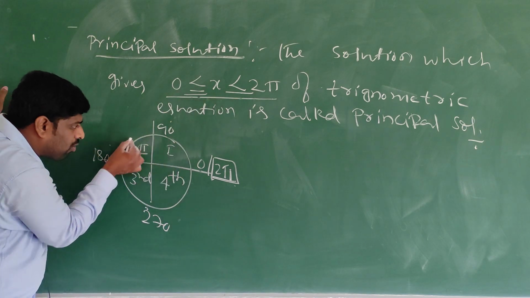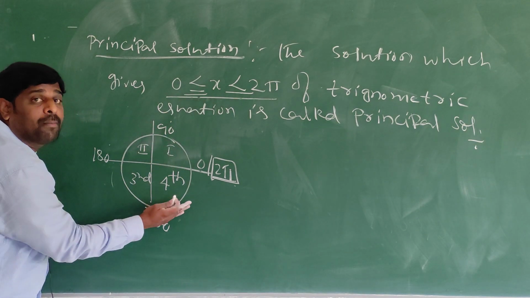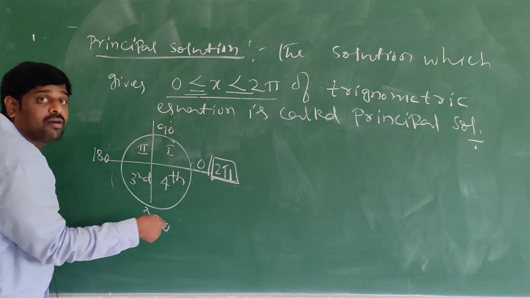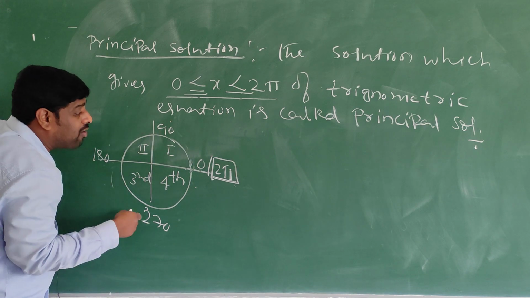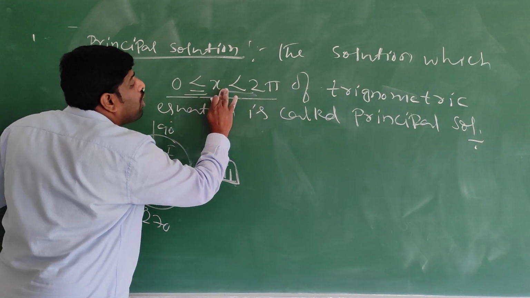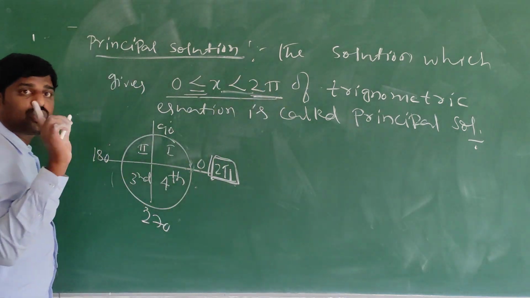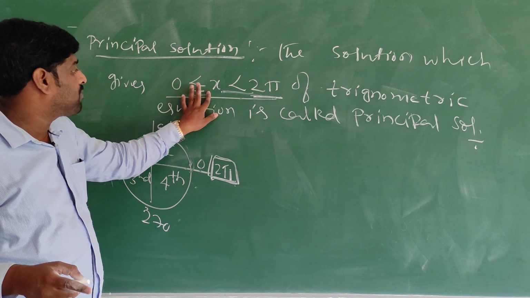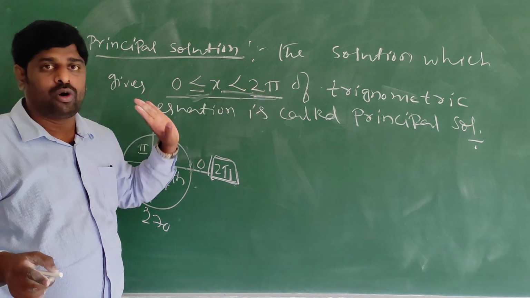Children, open-open, open-close, close-close, close-open. Here the 4th possibility is there. Here closed, here open. Why is it closed? Why is it open? Very important. When one revolution is completed and you start the second revolution, it will come to 2 pi. That's why we exclude 2 pi here. So this is closed, this is open.